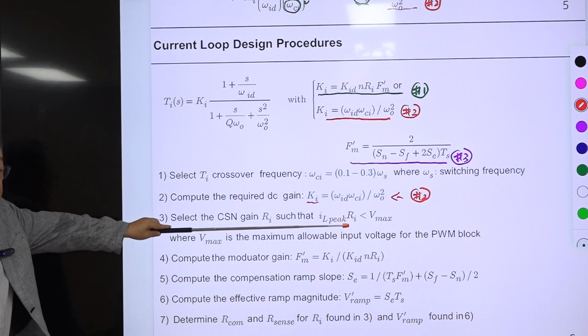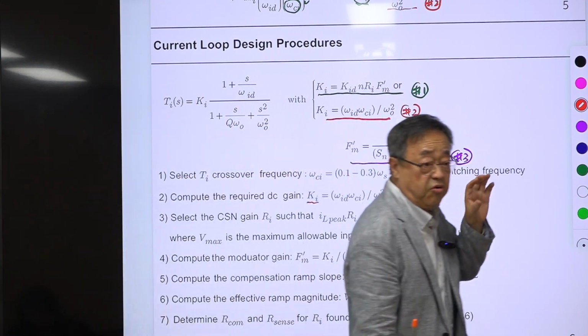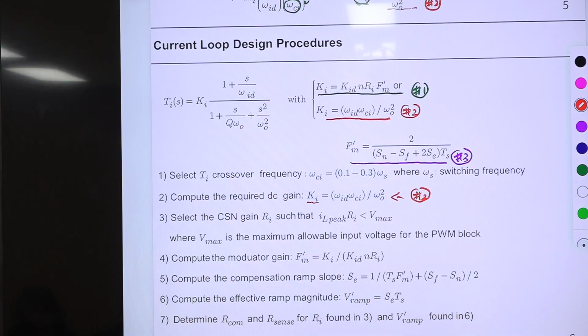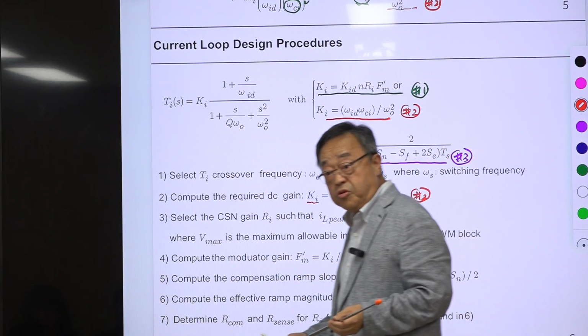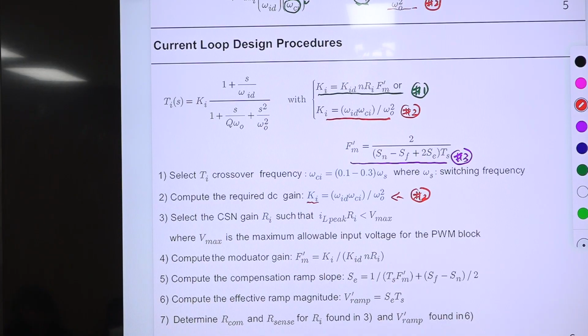And Vmax is the maximum voltage which the PWM chip can handle. The maximum is determined by this IC chip, but somewhere 1 or 2, something in between. This IL peak, because we are sensing switch current, is the on-time inductor current.